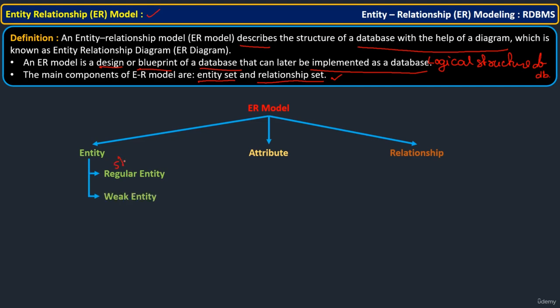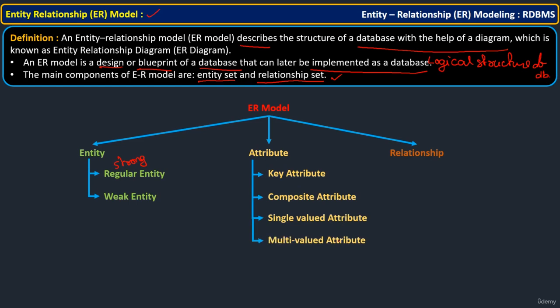Under the attribute part, key attribute, composite attribute, single valued attribute, multi-valued attributes, stored attributes, and derived attributes. These are all very simple; as the name implies, their meanings are there. So we will understand in a simple manner.